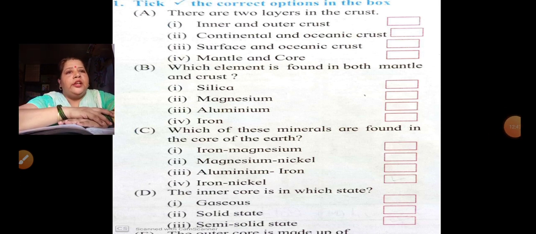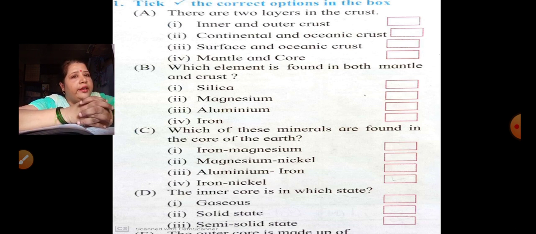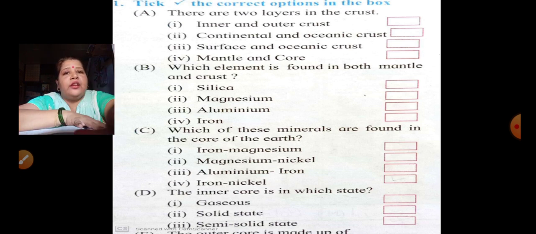There are two layers in the crust. Which are those two layers? Inner and outer crust, continental and oceanic crust, surface and ocean crust, mantle and core. Correct, it is continental and oceanic crust. Second question. Which element is found in both mantle and crust?